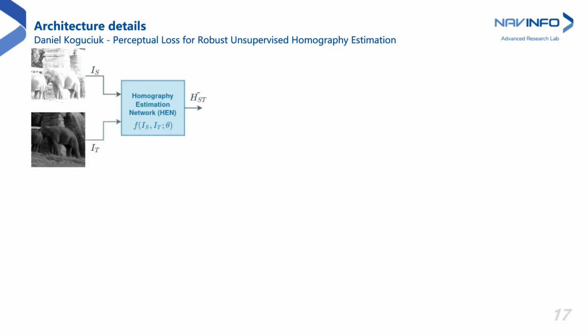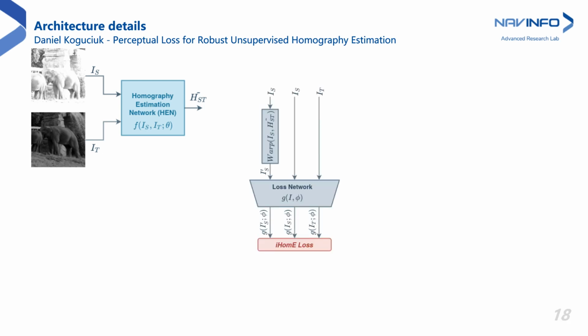Our framework is composed of two components. The first is the homography estimation network F, which can be realized by any architecture able to produce transformation matrix H_ST. In the second part of the pipeline, homography H_ST, estimated by F, is used to transform source image I_S into I_S prime.